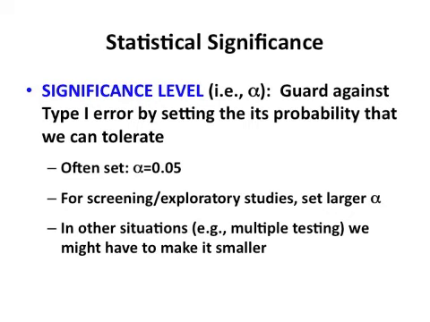So significance level, we sometimes use alpha to represent significance level for a hypothesis testing. It is a probability. It is like a cutoff. It's like a cap we put there to guard against the type 1 error by setting the probability that we can tolerate. For example, we can set the significance level at 5%.